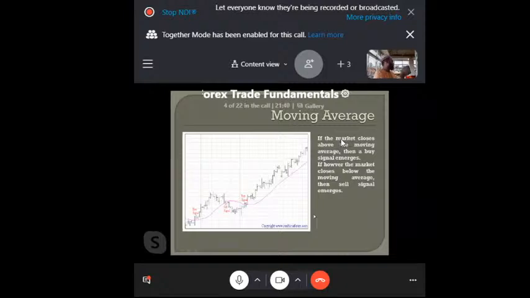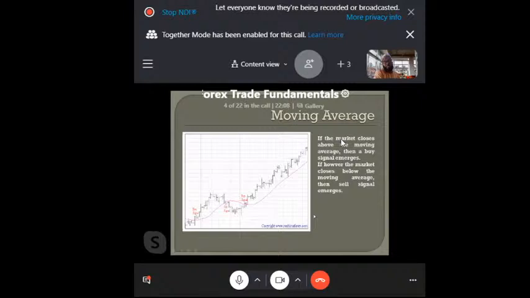So normally, if they are above the moving average and you have a red candlestick crossing halfway, you're having a sell signal because the red candlestick closed below. But where you're having a red candlestick crossing halfway, it's not a sell signal because it closed still above the average line. Are we getting it? Good.